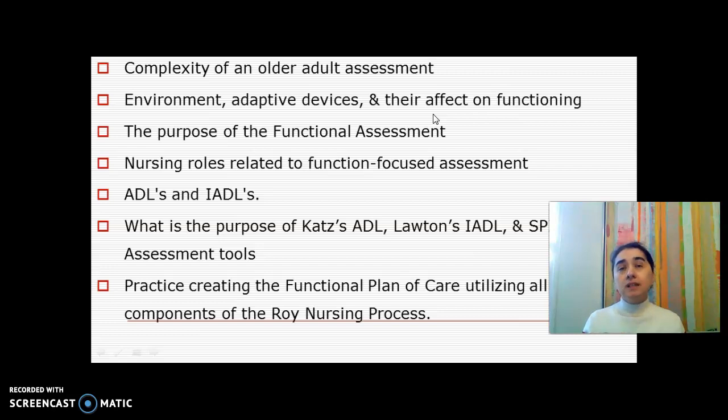We also, at the end, will practice to create functional care plan. Usually in class, I do it as a group. I divide students into 3 or 4 together, because this functional assessment will be in your clinical setting, where you will do it individually. So you will have an opportunity to practice it all together and then individually in clinical setting.